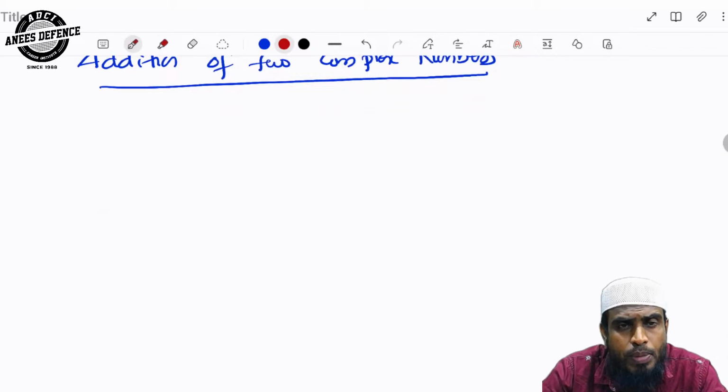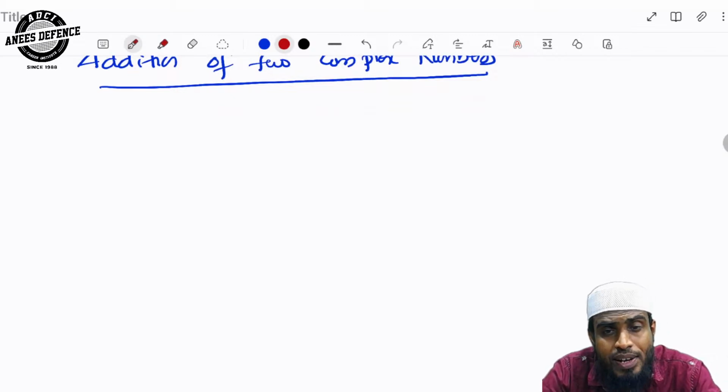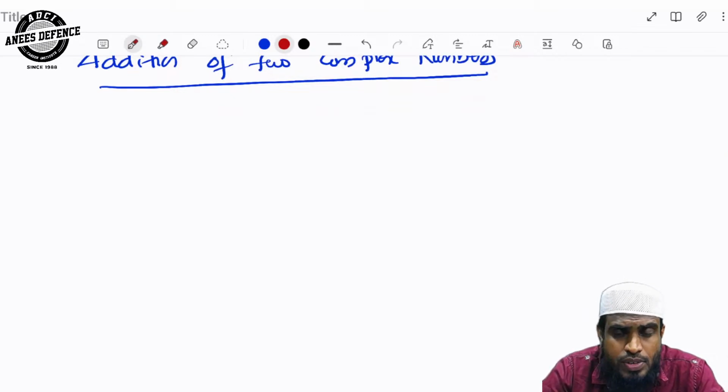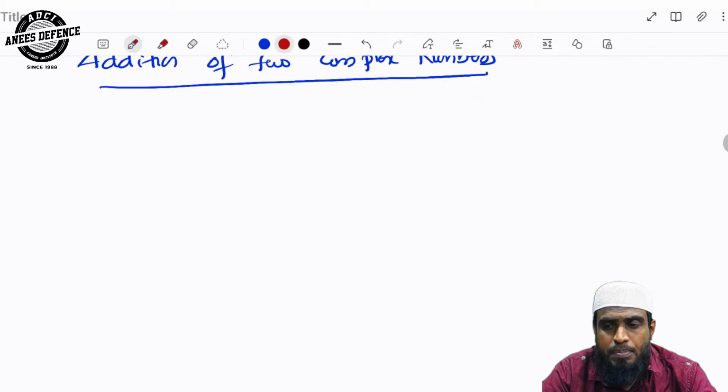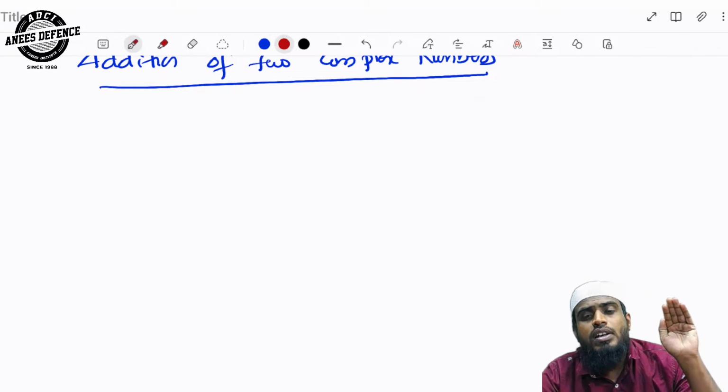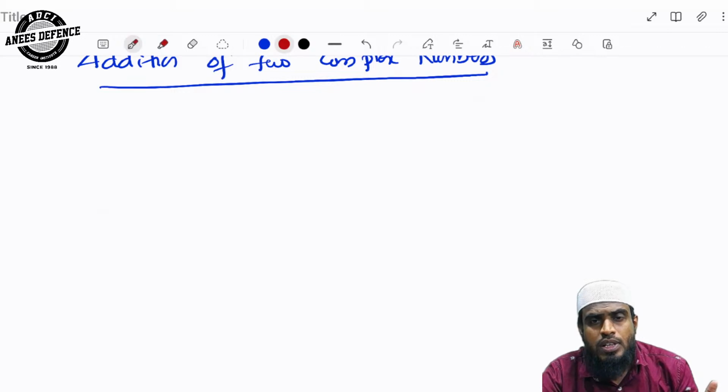If you want to add two complex numbers, or subtract two complex numbers (subtraction is a type of addition, just like division is a type of multiplication), you cannot mix the real and imaginary parts. You should add the real parts together and the imaginary parts together.